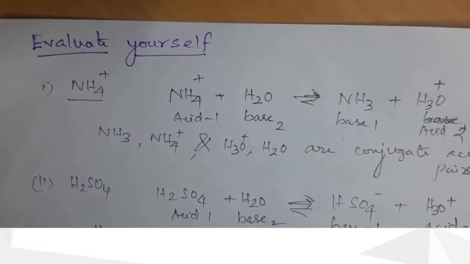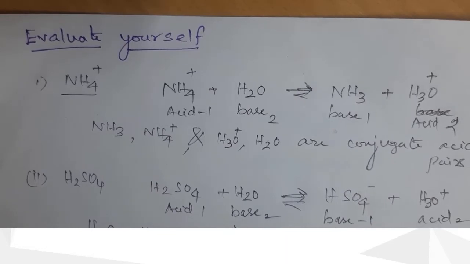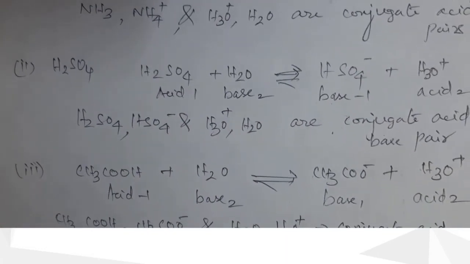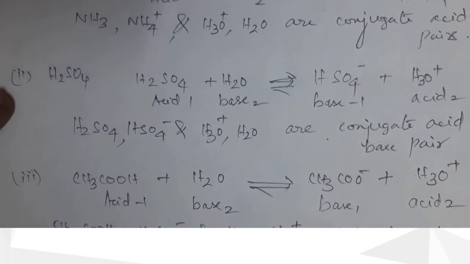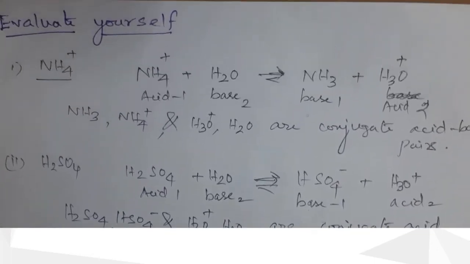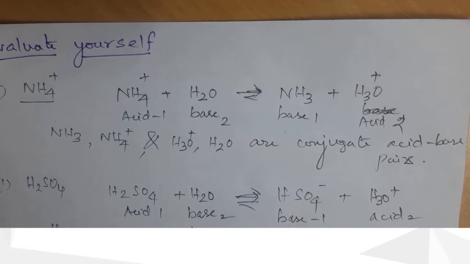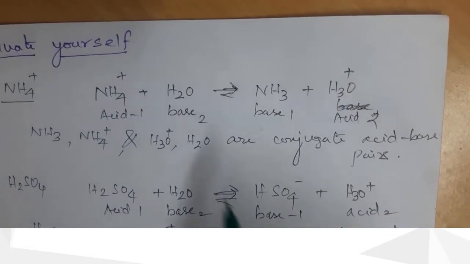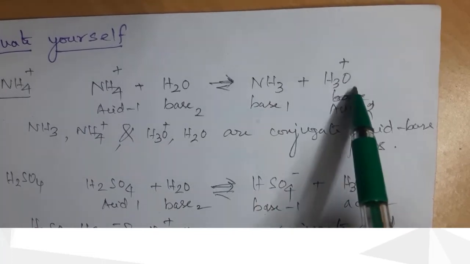Let's move to the evaluate yourself part. Here the questions are ammonium, sulfuric acid, and acetic acid. You have to write the conjugate acid base. In case of ammonium with water, what will it give? Ammonia and H3O plus.